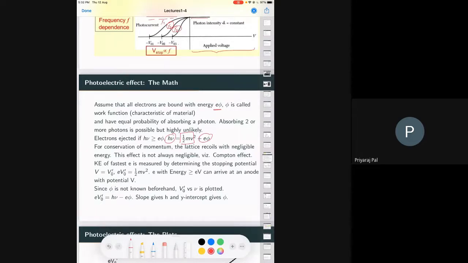Okay. So what was I saying? Yeah. So this kinetic energy of the electron tells you how much stopping potential is necessary to stop it. If it is highly energetic, then it can overcome the repulsion from the detector and reach it. But if it is not, then it will stop and not reach the detector.